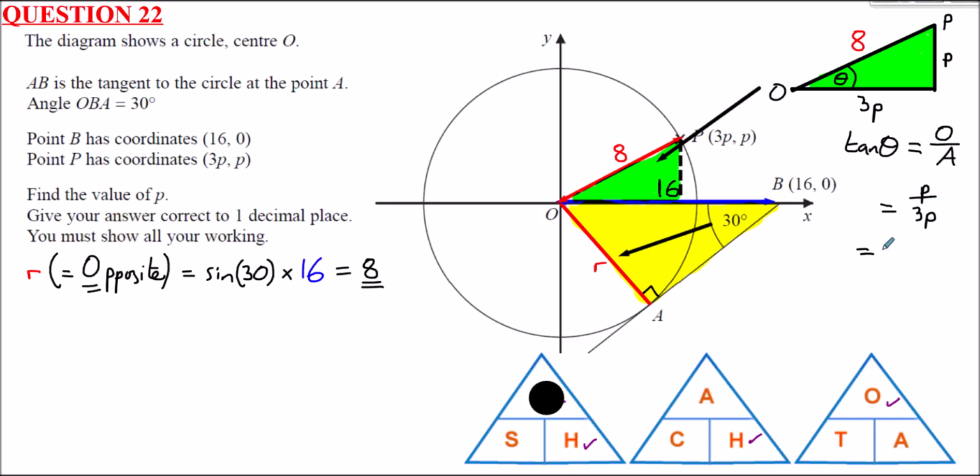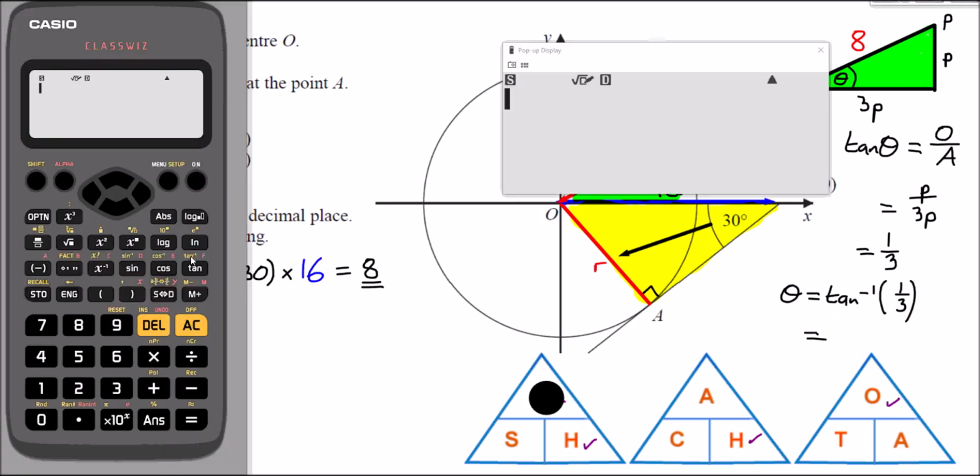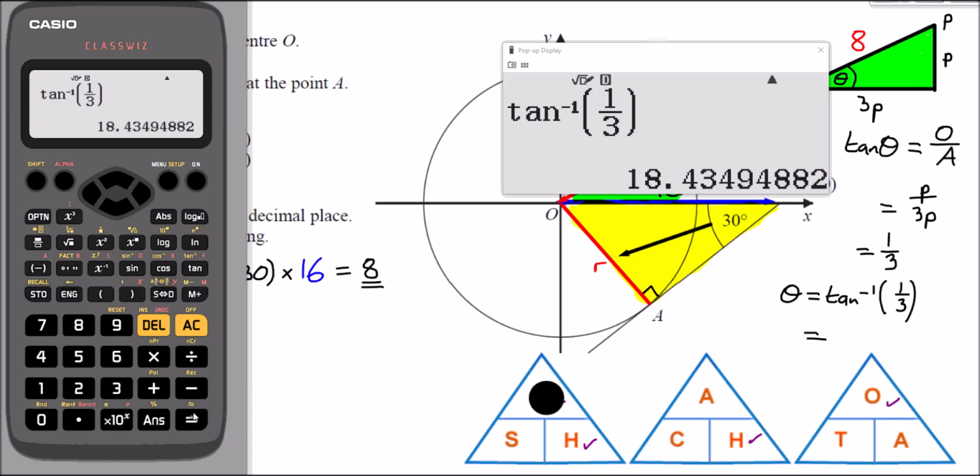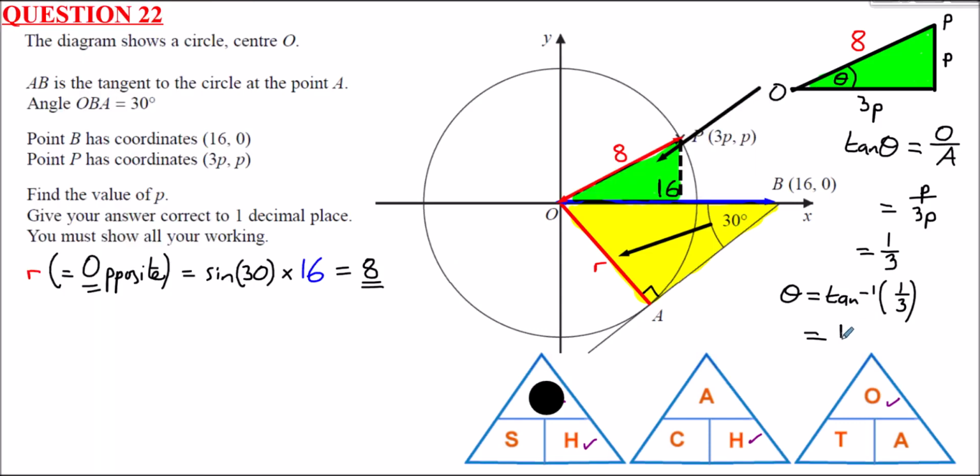That just gives 1/3. So from this, we can say that theta, therefore, is inverse tan of 1/3. Let's see what this gives us. So shift tan of 1/3 and give it to enough decimal places to make sure there's no rounding error. So that gives me 18.4349.